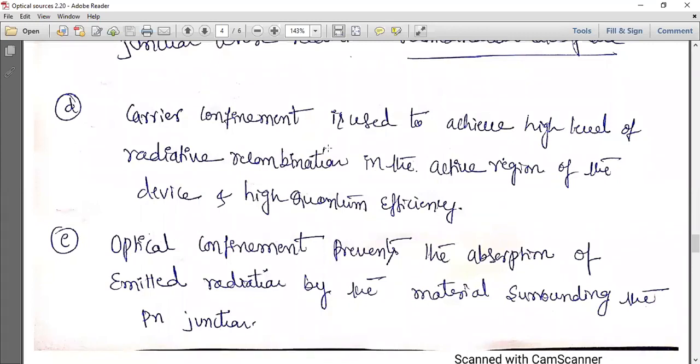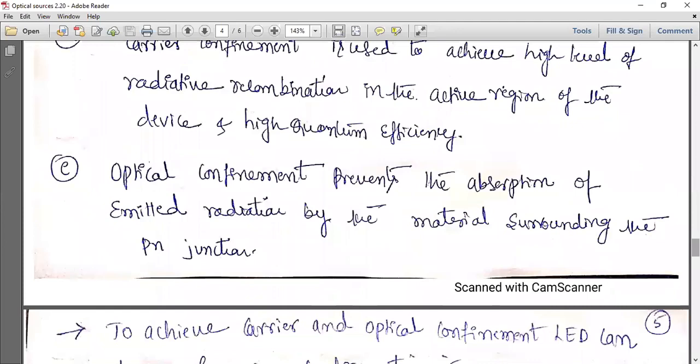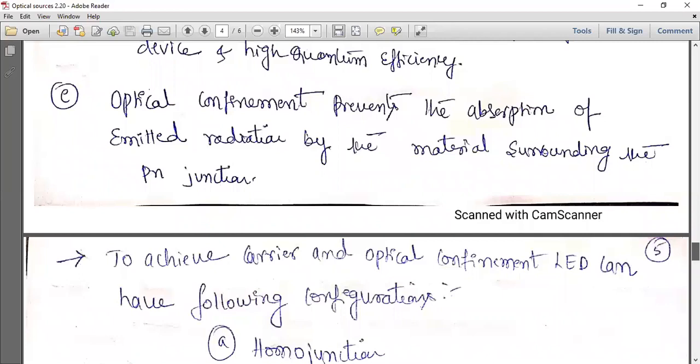So carriers are confined to a small area, that is called carrier confinement. Optical confinement is that the light has to go in that specified path itself. These will be addressed by your LED: absorption losses are less, carrier confinement as well as optical confinement. We'll understand with respect to the diagrams later.